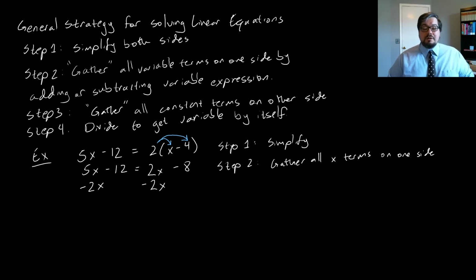We could also subtract 5x from both sides, which would eliminate x on the left-hand side of the equation and gather all the x's on the right-hand side of the equation. Either one of those works. In general, it's often easiest to gather things in a way that will leave you with positive coefficients rather than negative ones, but both ways will work perfectly well. So in this case, I'm going to subtract 2x from both sides of this equation to get a new equation. 3x minus 12 equals negative 8.